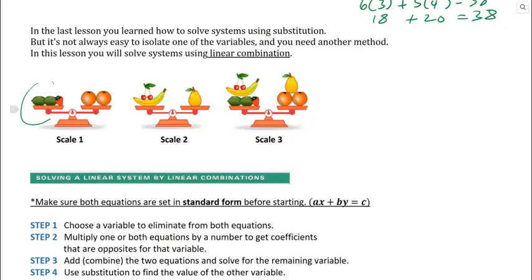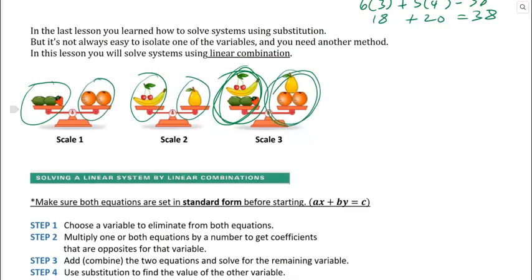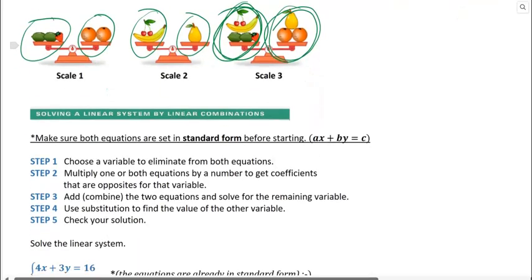Now, if I combine the fruits on one side, and then I combine the fruits on the other side, by adding those 2 sides together, they still should be equal to each other on each side of the scale, if they started out as being equal. So that's how linear combination works. We are combining linear equations. And it's also called elimination because we're doing that to eliminate one of the variables.